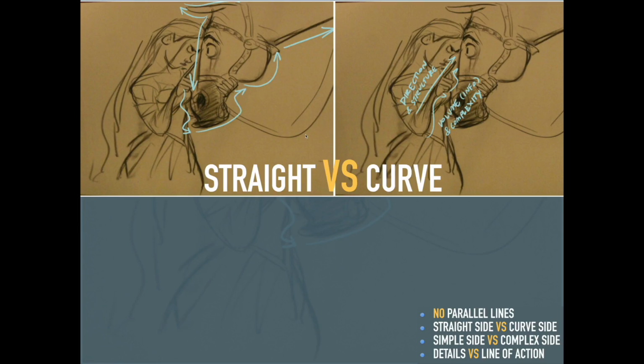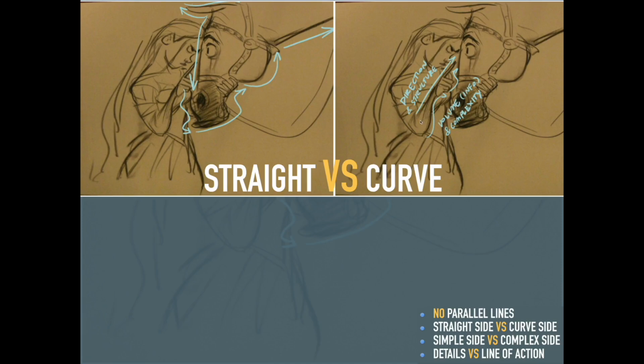If we take a look at Glen Keane's drawing that he made for Tangled, we'll notice the use of straights and curves. Aside from the contrast in straights and curves, there is also a contrast in simple and complex sides. Simple outlines suggest the line of action and clarity in direction, while the complex outlines convey details and information.